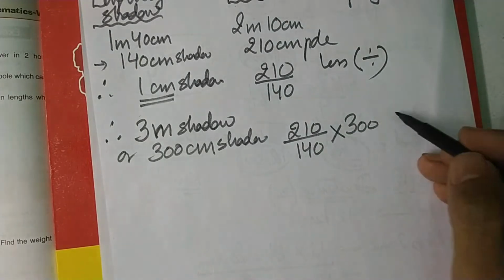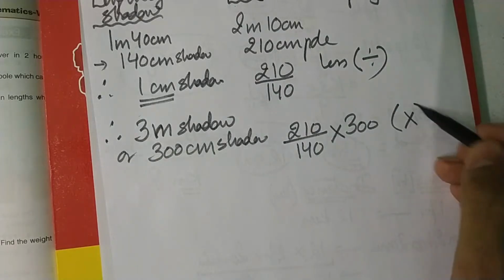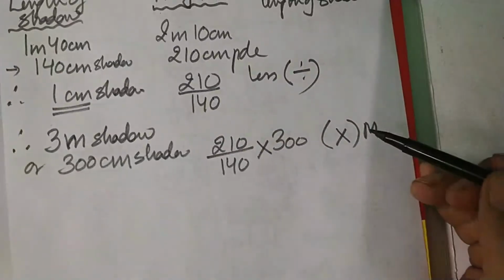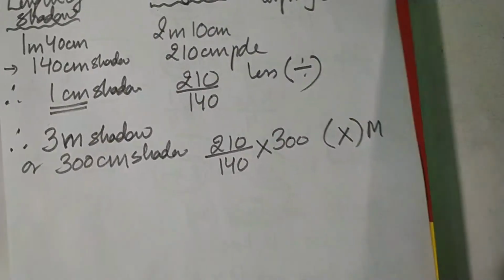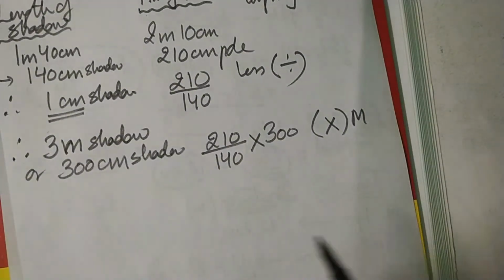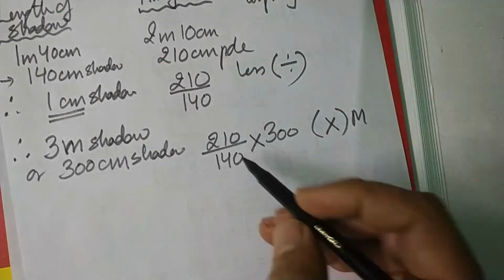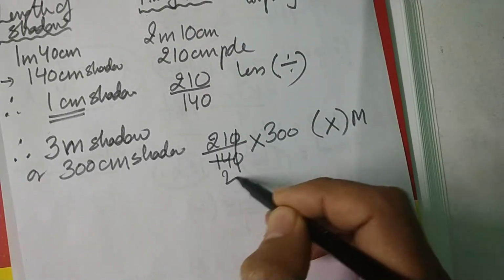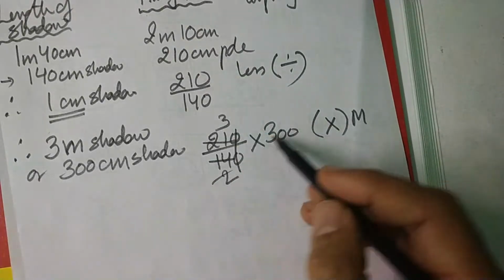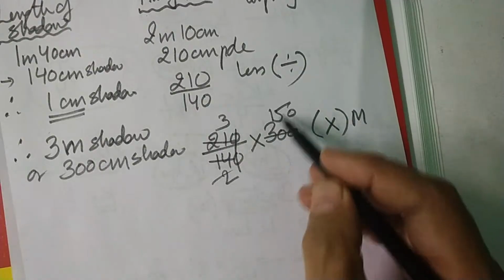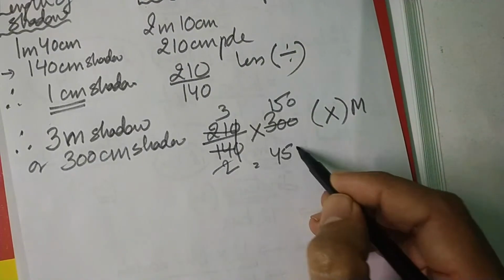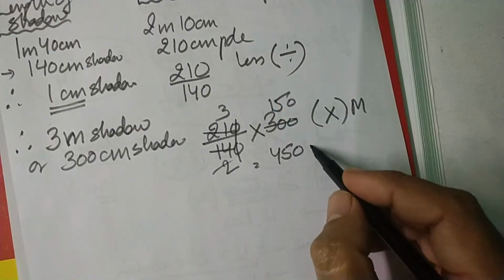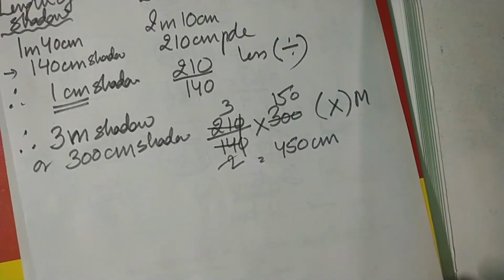So you will now multiply. Multiply means more. When the number is more, then we multiply. When the number is less, we divide. Simple concept. So watch 2-3 questions, you will understand. Now divide. So what is the answer? 4 centimeters.